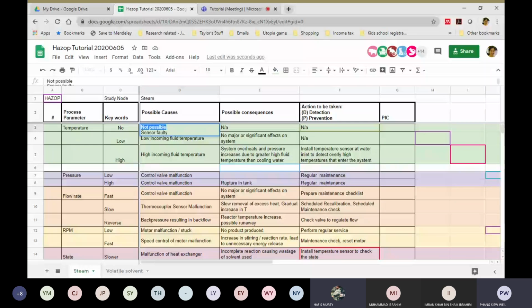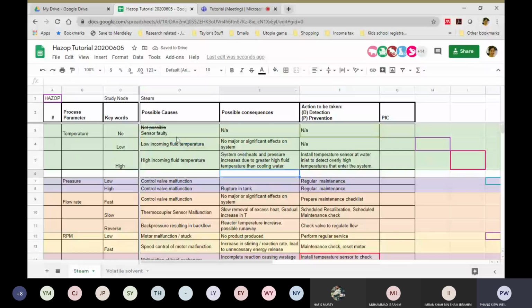So that is where you see everything is possible. Even when we say there's no temperature, it could be the sensor is faulty. And when we have a faulty sensor, it means there is a possibility of injuries due to unknown heated piping. Yes, that's a serious one. From possibly no consequences to potential injuries.